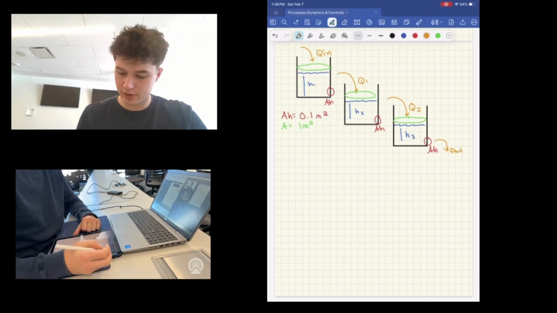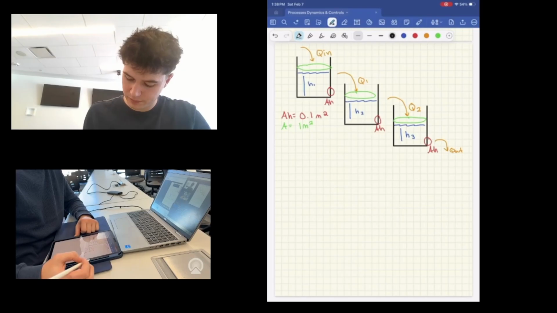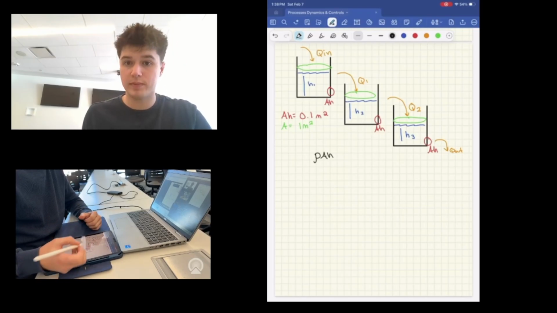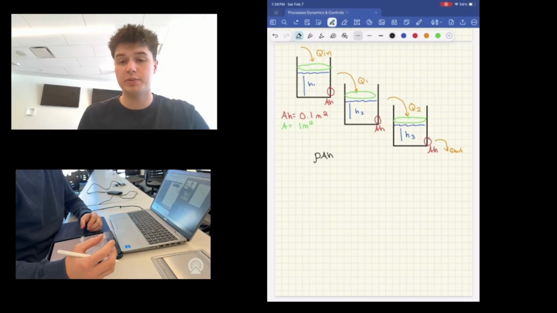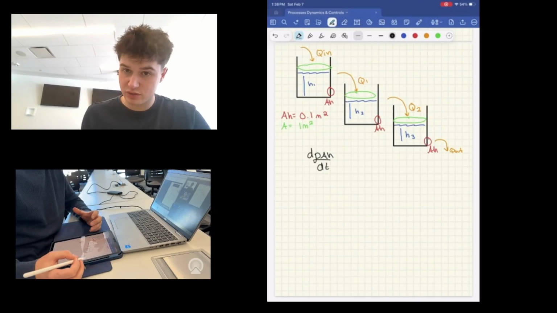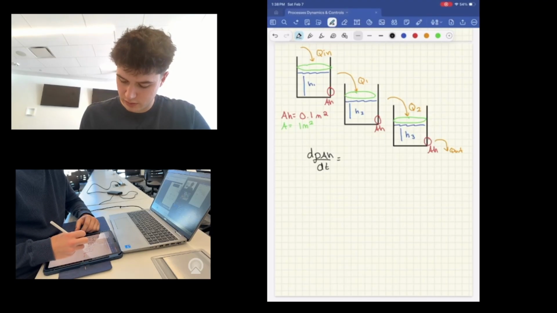Now, we're going to set up our equation. So, we start with our density, our area, and our height as given in the problem, but as we said earlier, the height will be changing with respect to time. So, we're going to add d here and dt. This will be set equal to the density times Qn minus the density times Q out.